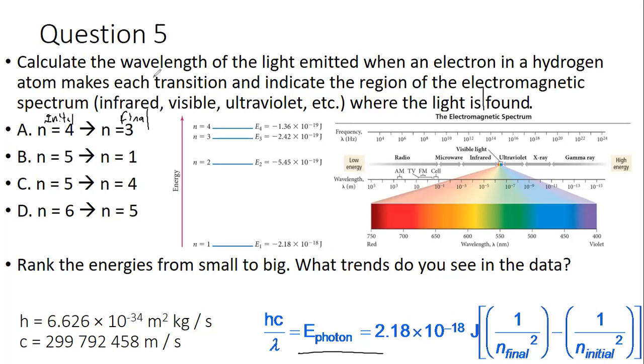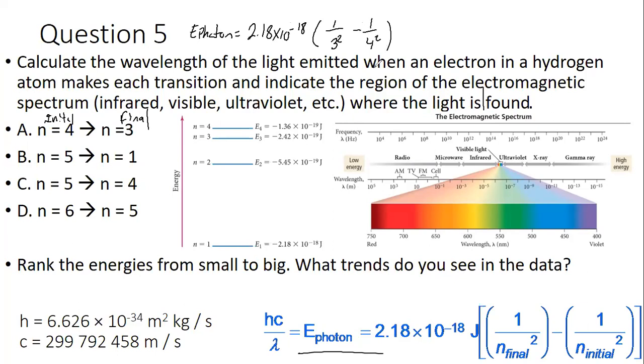I'm going to plug that in to calculate the energy of a photon. So E photon equals 2.18 times 10 to the minus 18 multiplied by 1 divided by final squared, my final is 3 squared, minus 1 divided by the initial energy level squared, which is 4 squared.